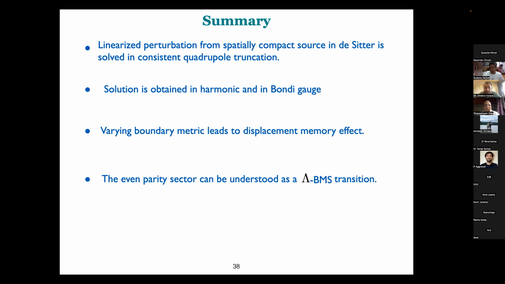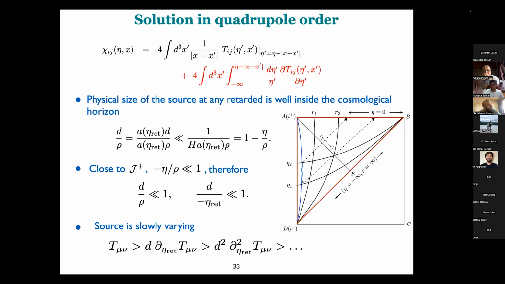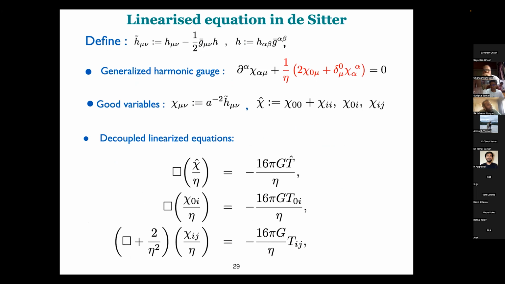Okay, sir. Thank you. Shantan has a question. Yeah, it is a little generic question. Your de Sitter metric was already known, where you would just get a lambda r squared term. So let's say, instead of de Sitter, I take lambda r cubed or lambda r. The source doesn't matter. Just for the sake of mathematics, if I take a background like lambda r cubed or lambda r, how does the memory effect change?